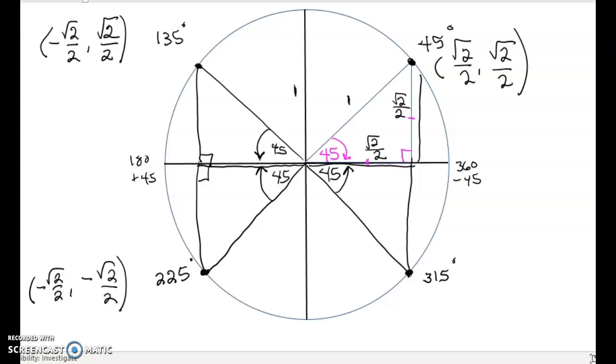And the coordinate is positive square root of 2 over 2, but the y value is negative square root of 2 over 2. So one thing that you want to notice is all of the coordinates are the same. The signs are different depending on the quadrant that they lie in.